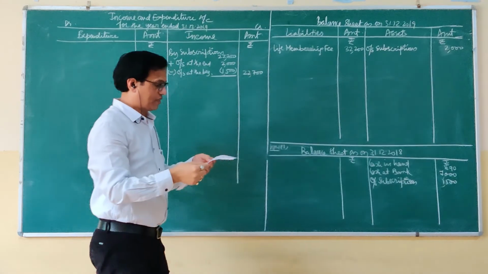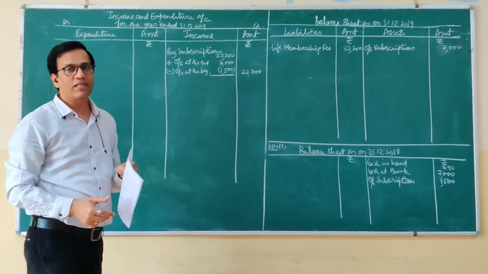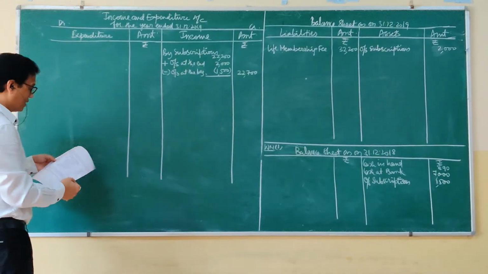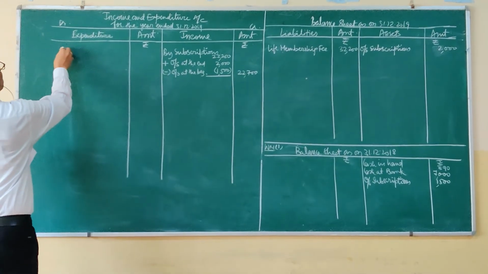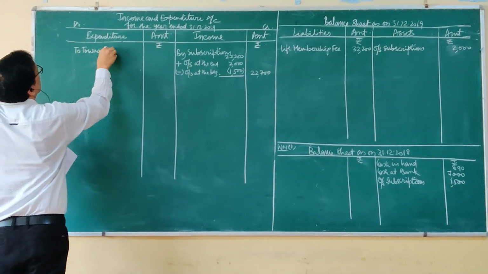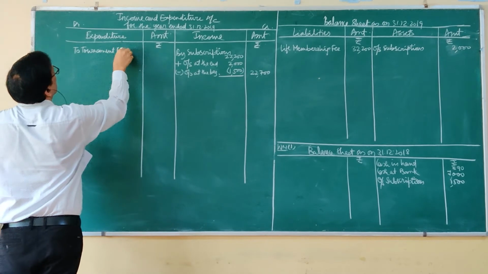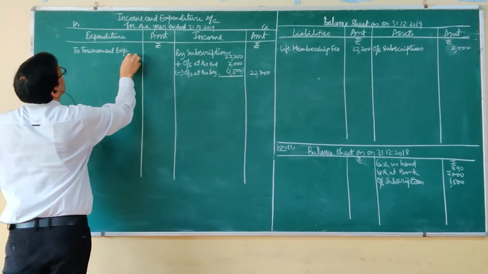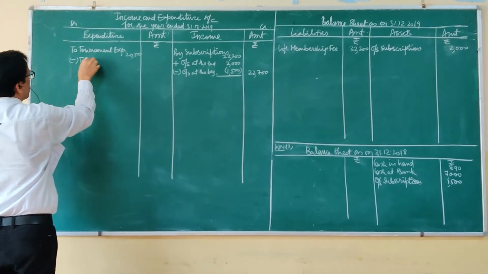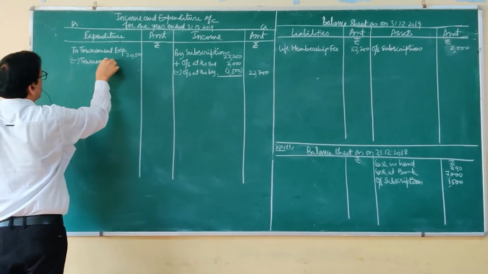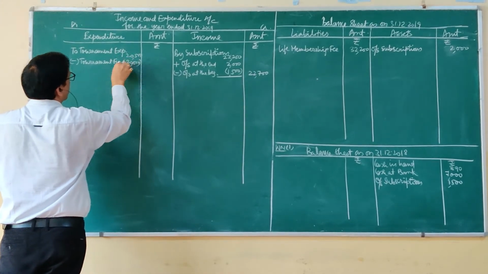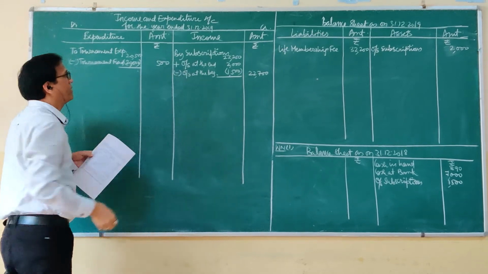The next item is tournament fund. Nothing is given in the adjustments regarding it. And tournament expenses we have seen they are more than this tournament fund. So we write on the debit side to tournament expenses. It means it was collected this year only. 20,500 is the expense amount, minus covered up from the donations received for tournament fund 20,000, and remaining 500 debited to income and expenditure account.